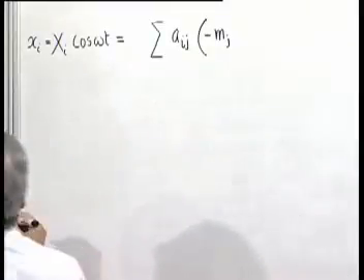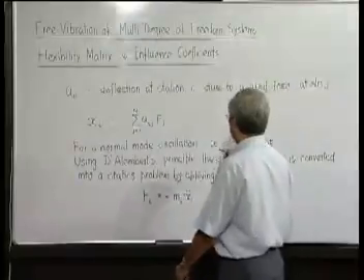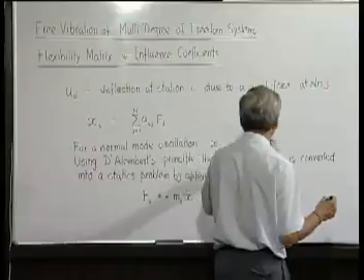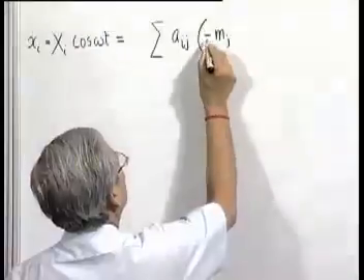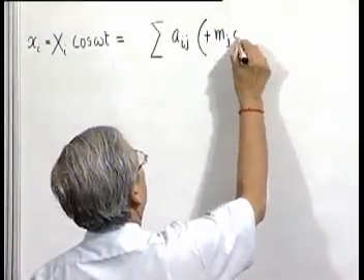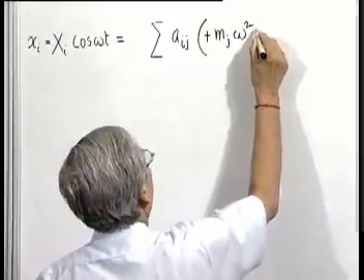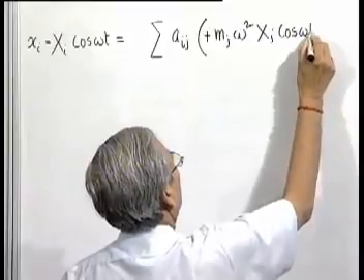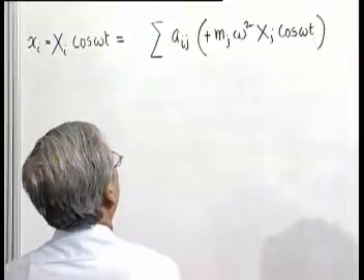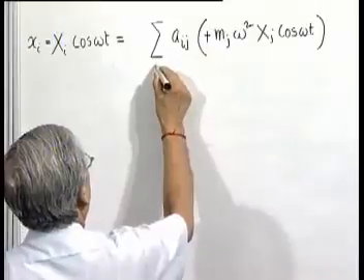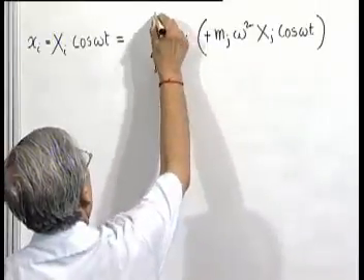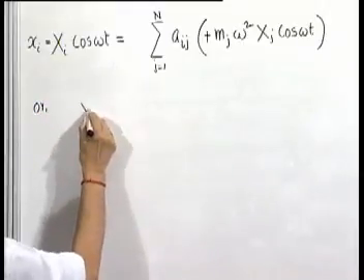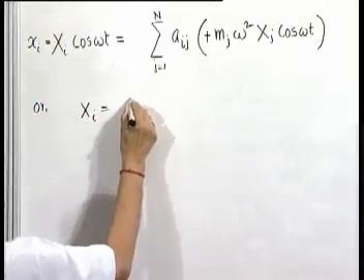If x is equal to this, Xj double dot will be minus, another minus, omega square Xj, summed over all such j's, so we get Xi.